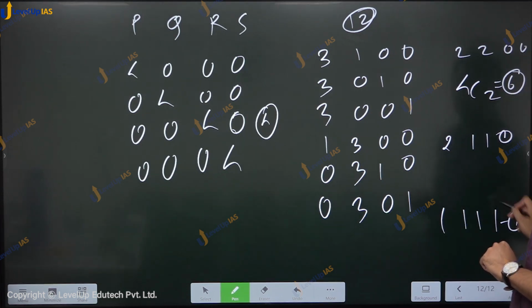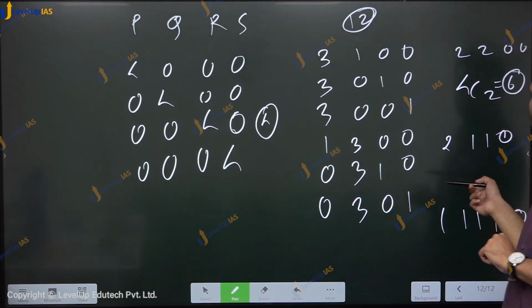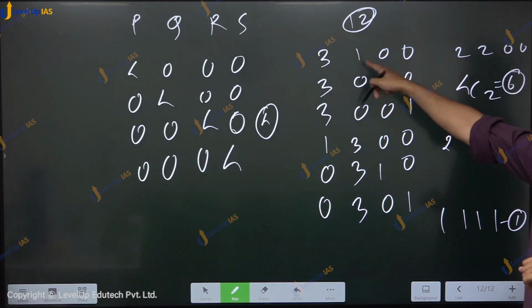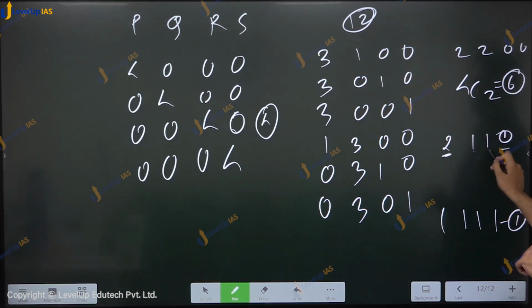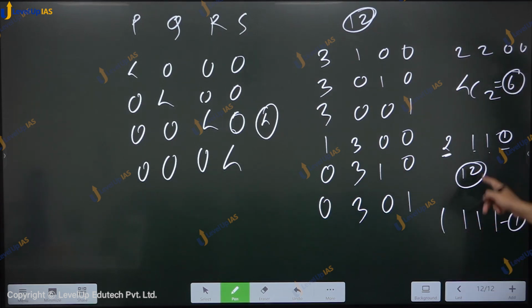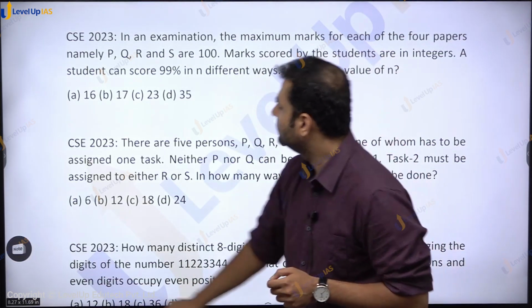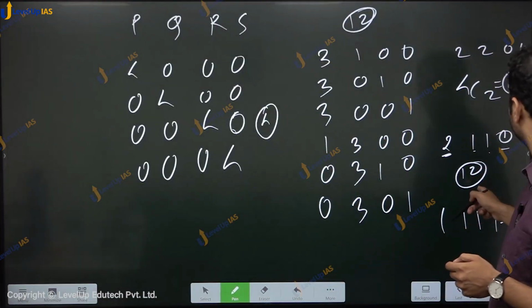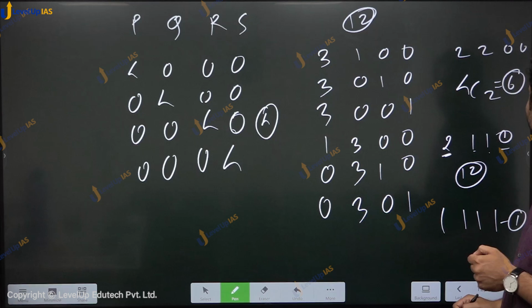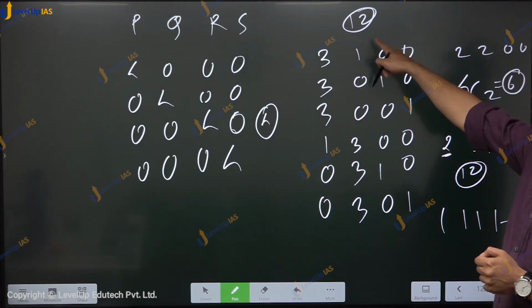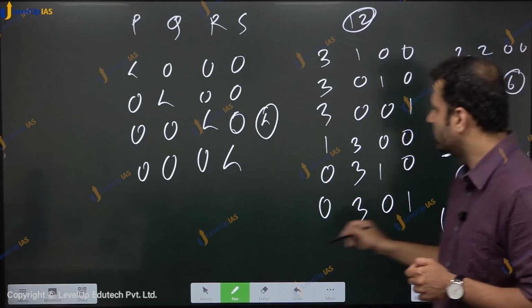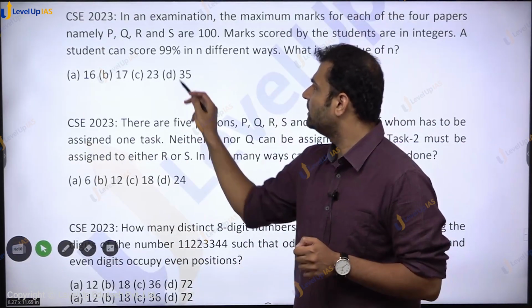So this is one case only, and here we just have to choose 2 papers, where this case is just like 3 1 0 0: 2 things different, 2 things same. So again 12 cases will come. 12 plus 12 is 24, plus 10 is 34, plus 1 is 35. Is 29 in the options? No, did I overcount somewhere? No: 12 plus 12 is 24, plus 10 is 34, plus 1 is 35. 35 is there in the option.